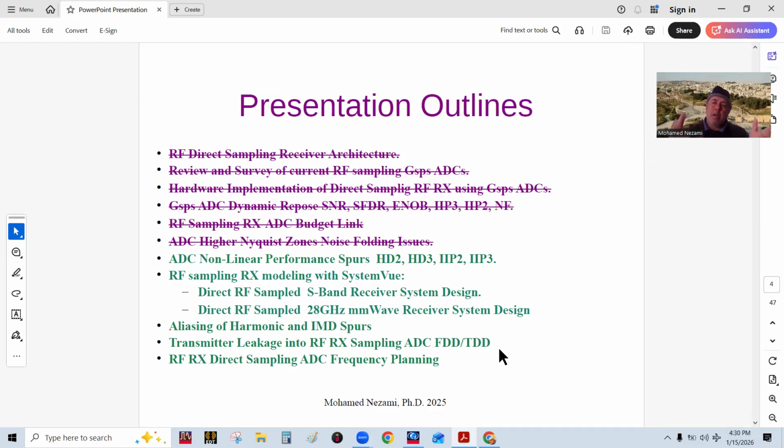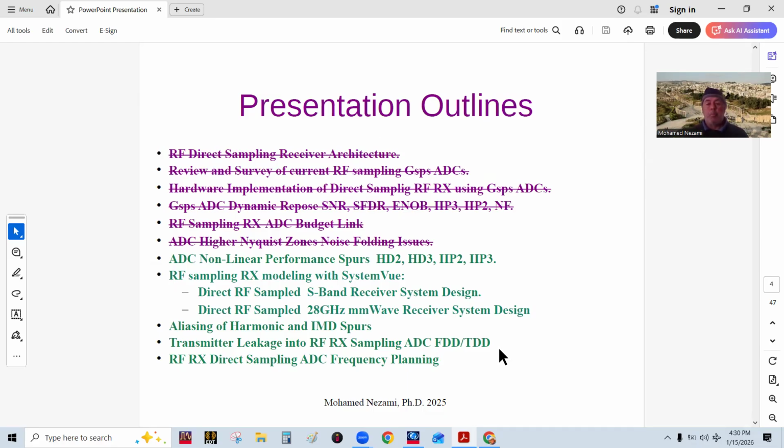Remember the IF that we used to select for a heterodyne receiver that is free of any spurs and harmonics. In our case right now, we don't have an LO, so we don't have M LO plus or minus N RF signals, and of course the harmonics and spurs of the LO and the incoming receiver.